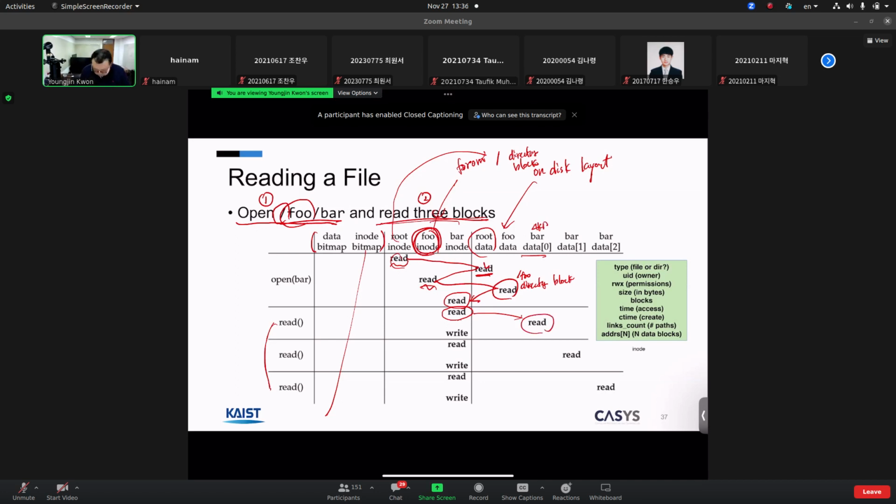Then write inode. Okay, why did that happen? Recall, this is the inode. What is the write? You just read it, but a write operation happens underneath. Why? The offset?